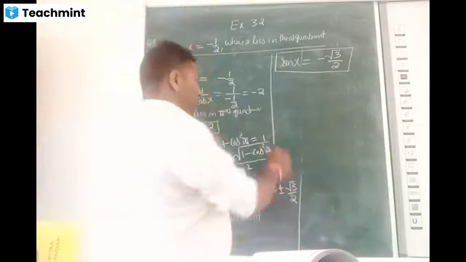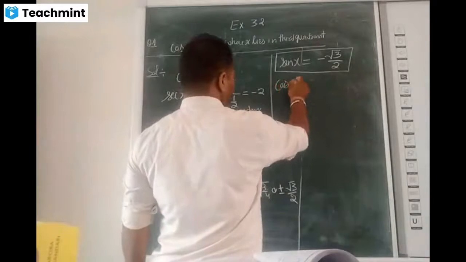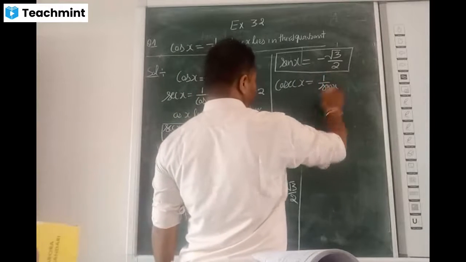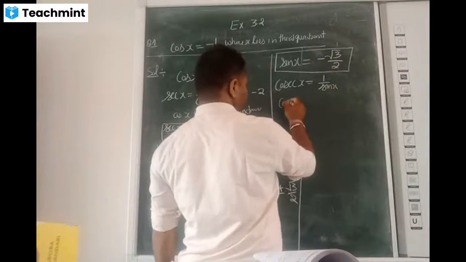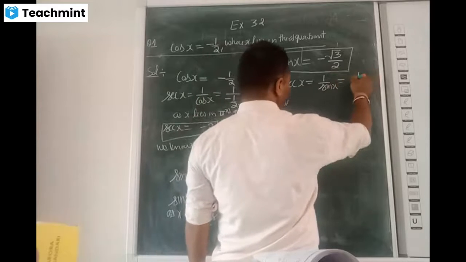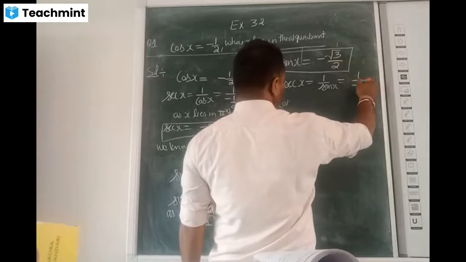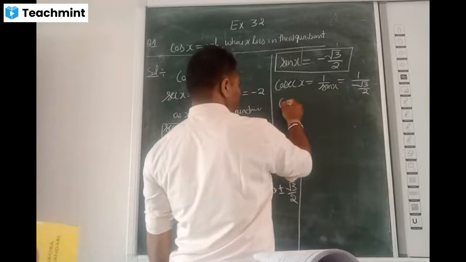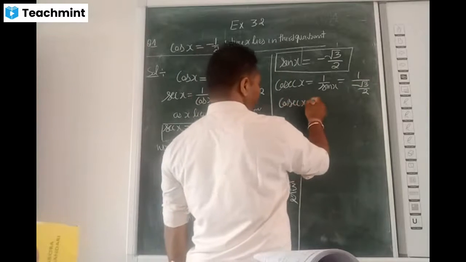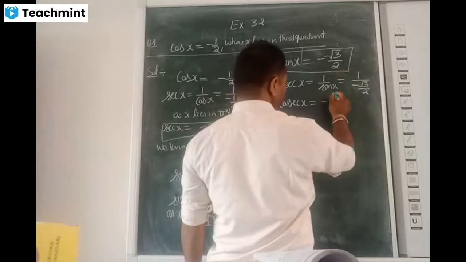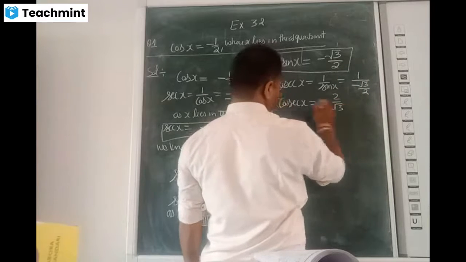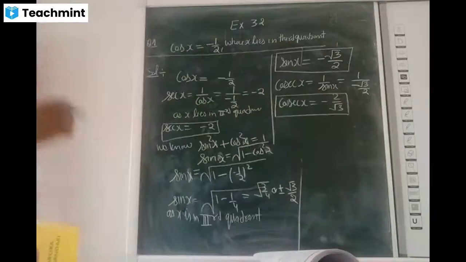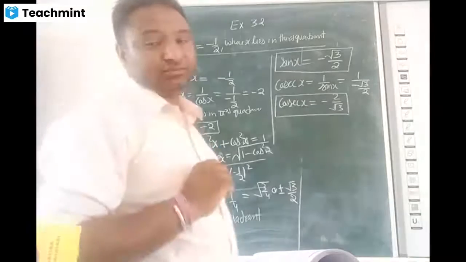So here cosecant x is 1 upon sin x. That means 1 upon minus root 3 upon 2. So here cosec x is minus 2 upon root 3. Got it? Now left are 2.